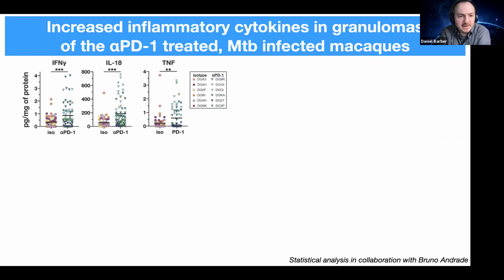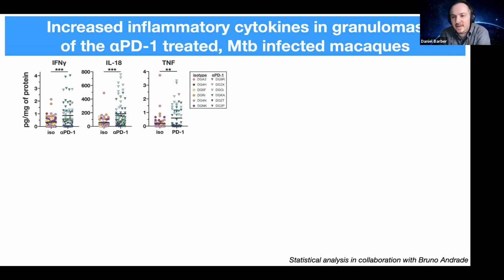We also went on to characterize the quality of inflammation in the granulomas with Luminex. So again, with each granuloma, we mash it and then we spin the cells down and we take that fluid off the top, clarify it, and then use that for Luminex. So we call that granuloma homogenate. And each one of these dots again is an individual granuloma we ran Luminex on.